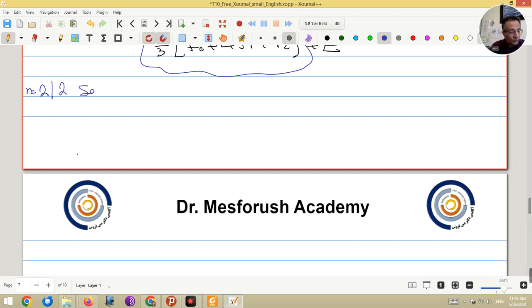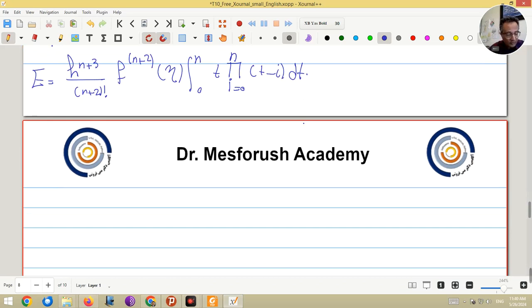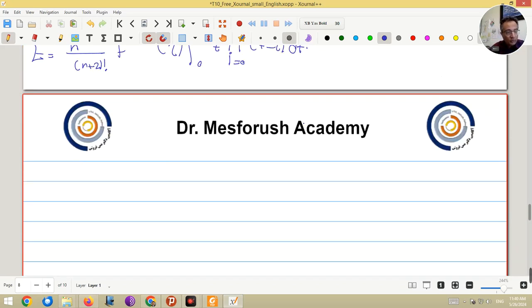So we have to use this formula for E. E is equal to h to power of n plus 3 over (n plus 2) factorial, f (n plus 2) derivative at eta, integral from 0 to n of t times product i equal to 0 to n of (t minus i) d t. I have to use this formula for computing the error term.